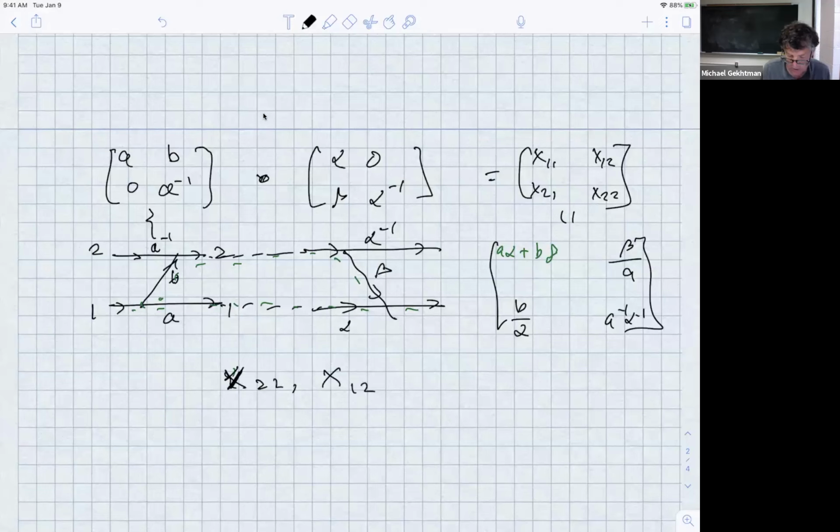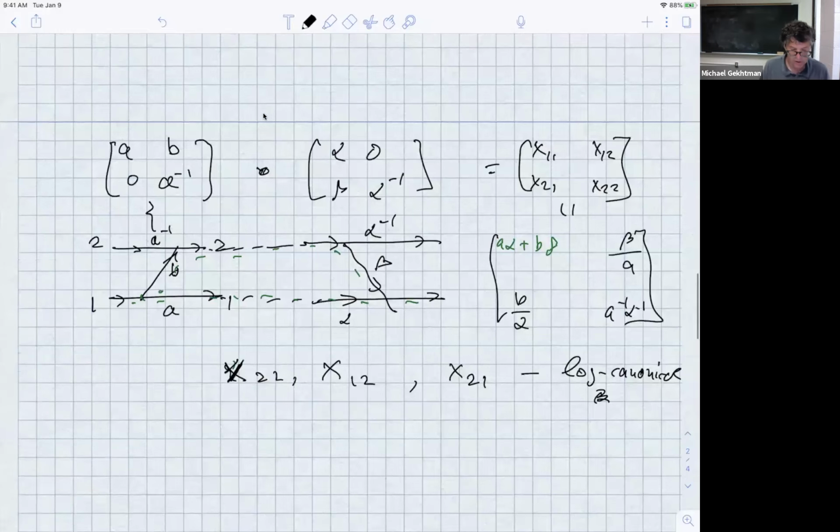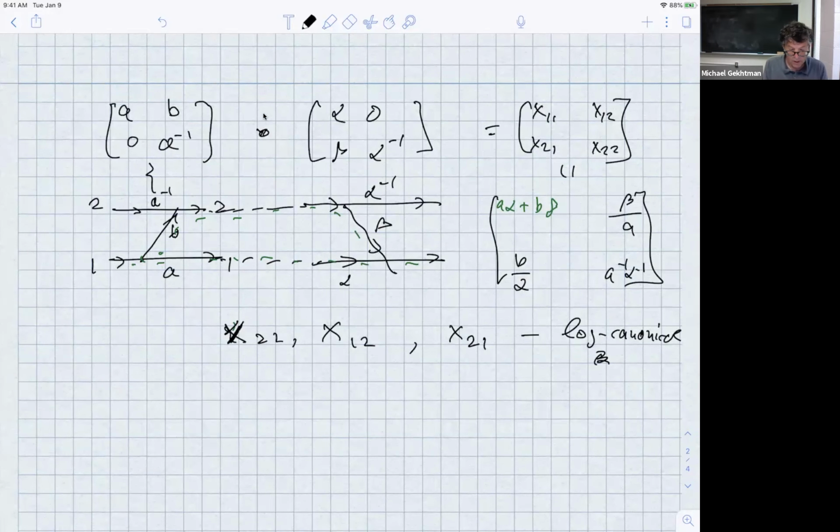They're monomials in original coordinates, so everything will be fine. And in fact, x12, x22, and x21 will be log canonical. All right. Just because of this picture.